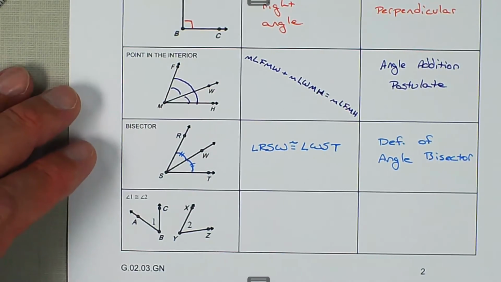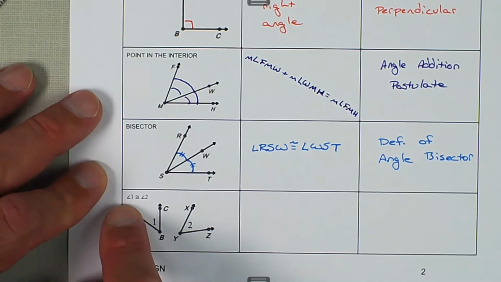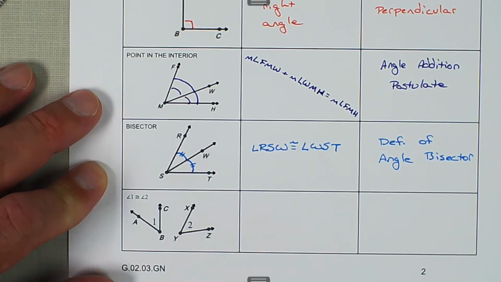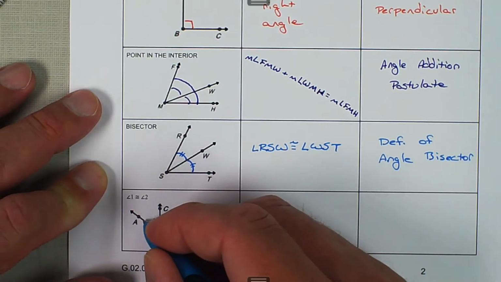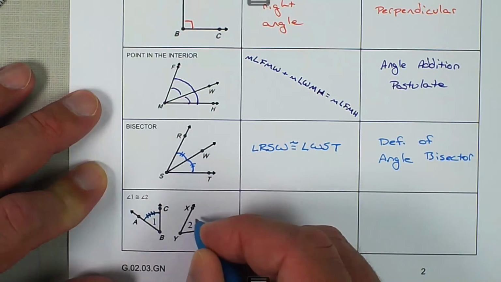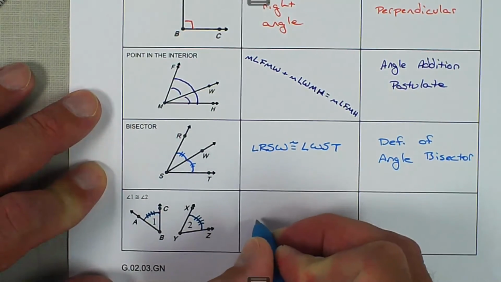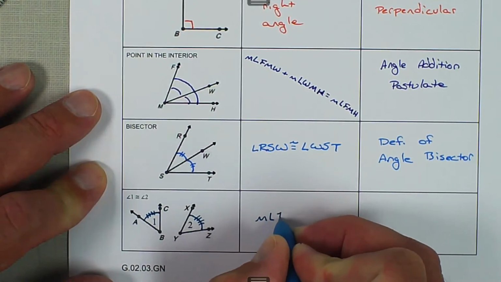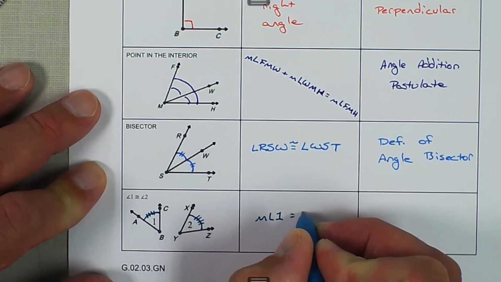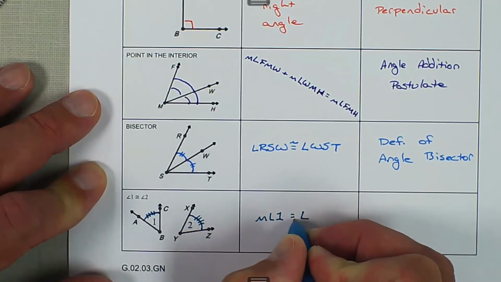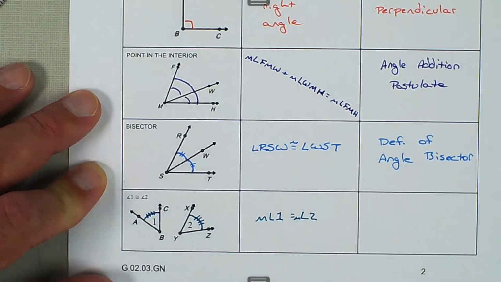The next example we have, angle 1 is congruent to angle 2, and I want to make that mark on my drawing. So if I put 4 marks here, then I want to put 4 marks here. And if it says that, then what we can say is, if we know that the angles are congruent, then we can say the measure of angle 1 is equal to the measure of angle 2.